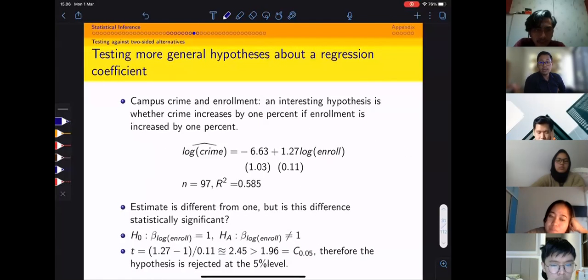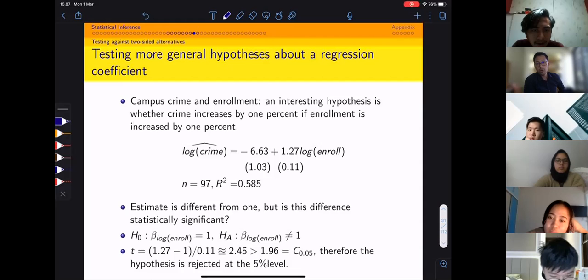Okay, so this is an interesting hypothesis that we'd like to test, which is campus crime and enrollment. One interesting hypothesis that we'd like to know is whether or not crime increases by 1% if enrollment increases by 1%. So this is what's called the one-to-one relationship. So if enrollment increases by 1%, then will crime increase by 1% as well?